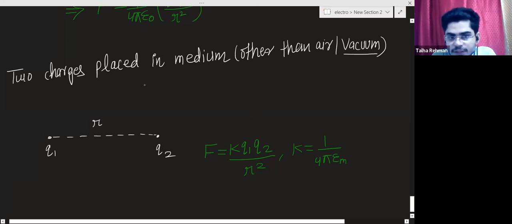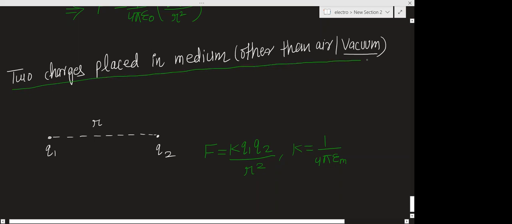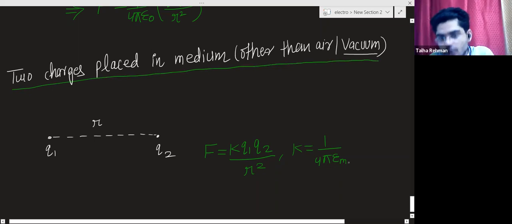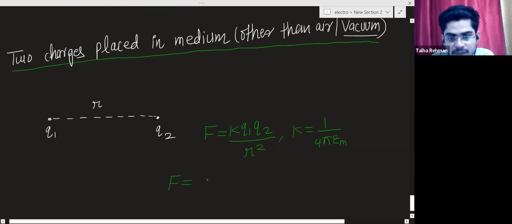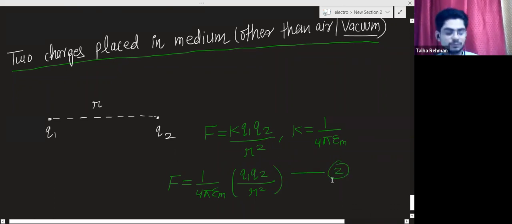Because now these two charges are placed in another medium, so we will use this epsilon M instead of epsilon naught. So I can write the value of force as 1 upon 4 pi epsilon naught M Q1 Q2 divided by R square. This is my equation 2.